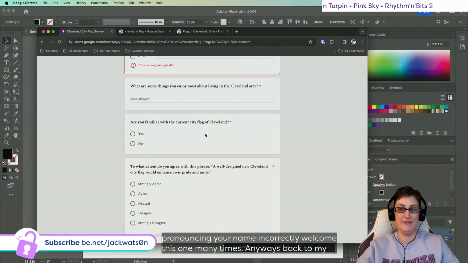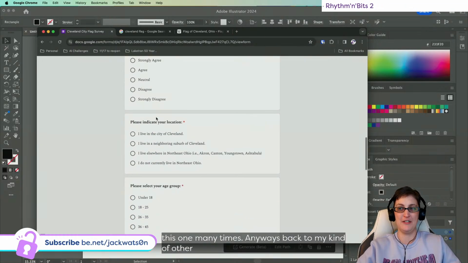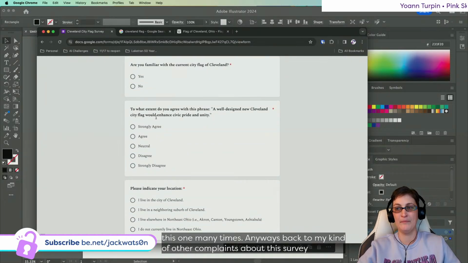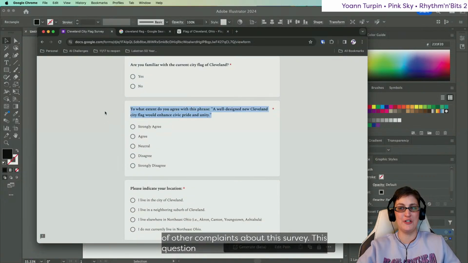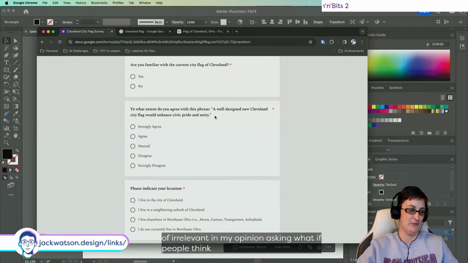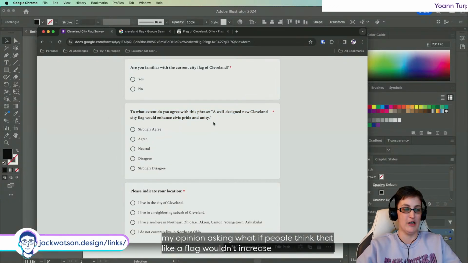Anyways, back to my other complaints about this survey. This question is kind of irrelevant in my opinion, asking if people think that a flag would increase civic pride and unity.